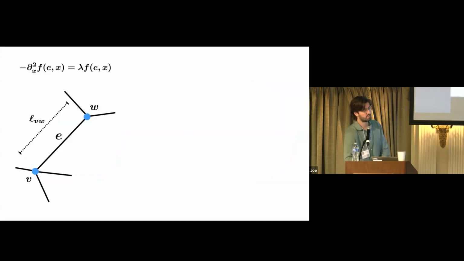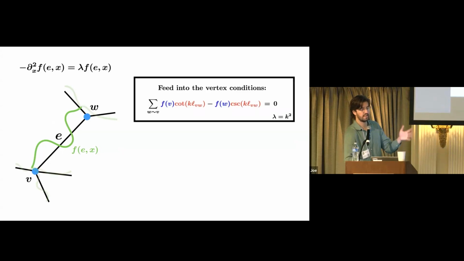Okay, so just to briefly go through how we solve this in general. Locally, we have some edge length L_vw, connecting vertices v and w. We solve this as a standard undergraduate exercise, find the trigonometric solutions. And once we feed this into the vertex conditions, forcing things to match with continuity and Kirchhoff like before, we get this condition, which is a sum over neighbors w of the vertex v, and we have the spectral parameter k.